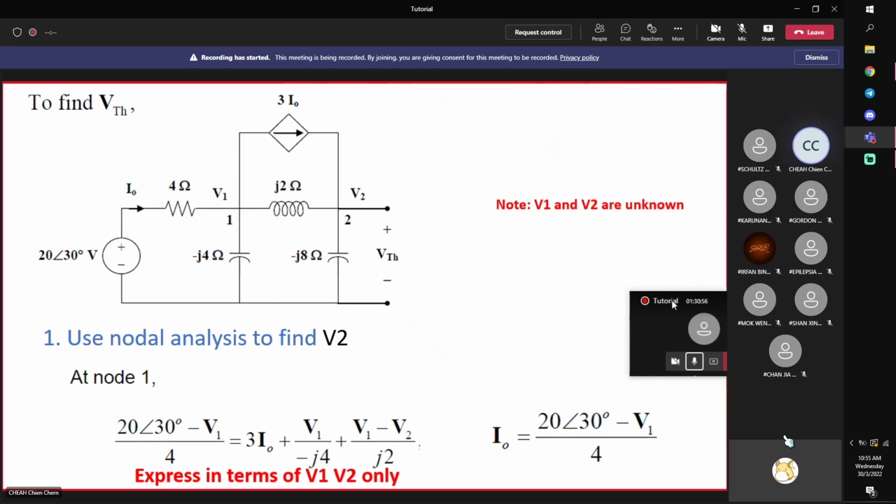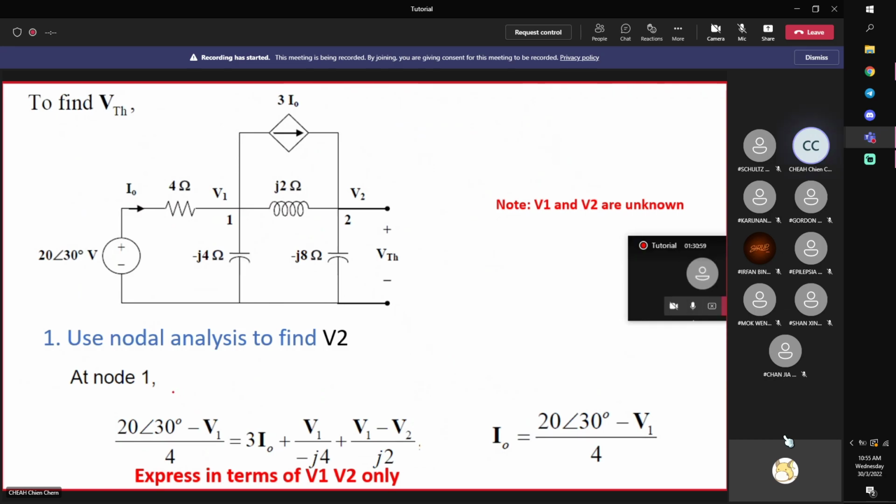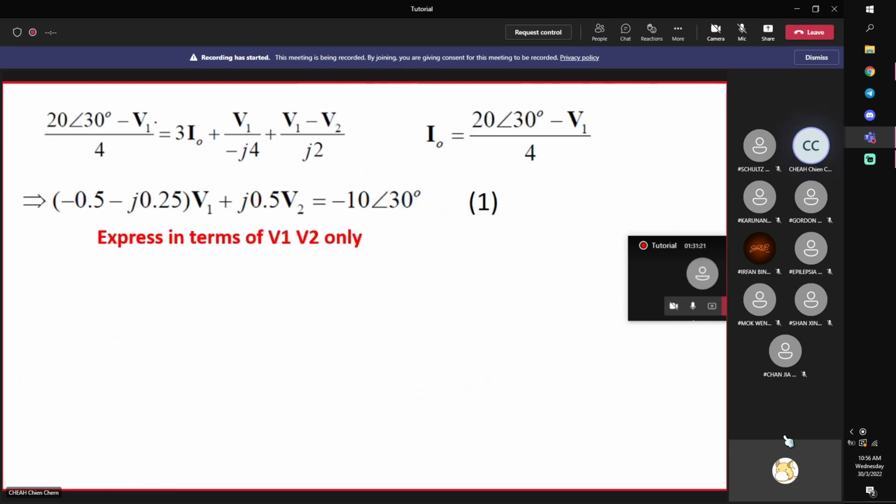Okay, next is to note that, just now I told you this is actually my I0. In fact, maybe you should put this I0 first if you want, then bring it to the other side, you get negative 2I0, right, easier, then you substitute I0 into here. So eventually I want to replace I0 by the node voltages, right?